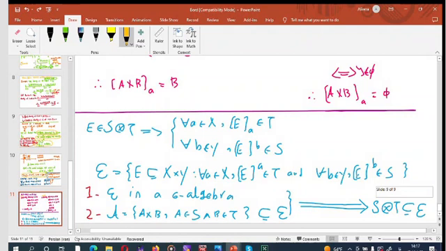Because this sigma algebra is the smallest sigma algebra that contain A. Okay, we know that this is the smallest sigma algebra containing A, and this is a sigma algebra containing A. This is the smallest and this is a sigma algebra, so this must be a subset of this E, and this is our goal.